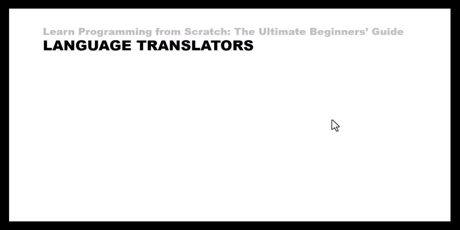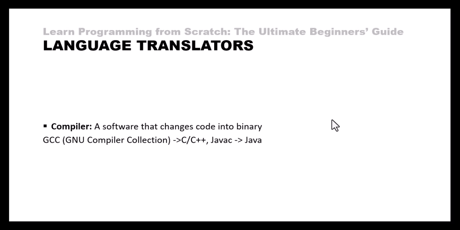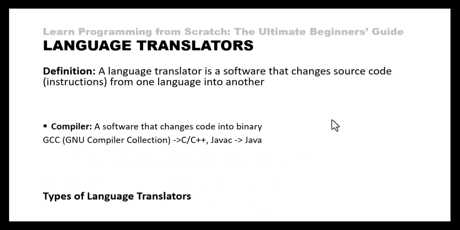How does that happen? First of all, we should understand that a language translator is simply a software that changes source code, or instructions that are passed to a computer, from one language into another. That is all it does for you.